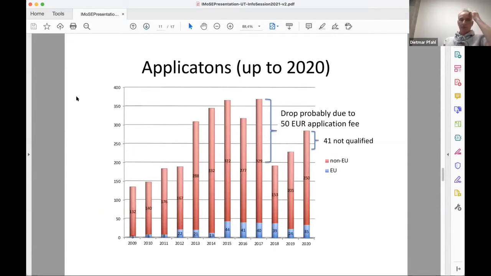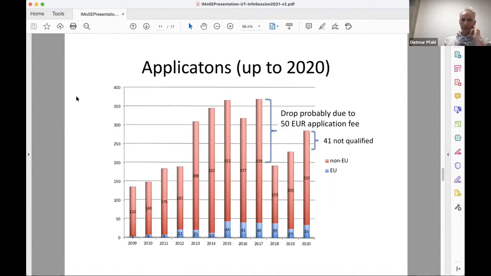So now we have quite many applications, so getting admitted into the program is really competitive. We once had more than 350 applications, then the university introduced an application fee. I have seen this question from one of you in the question answer box. It's not our decision, this application fee, sorry. It was a university decision, and there's nothing we can do about it.